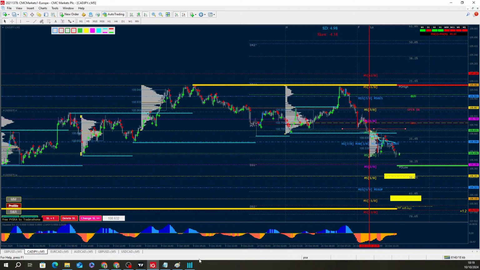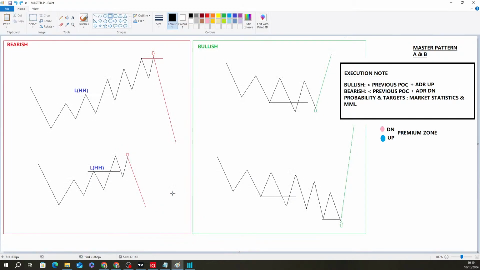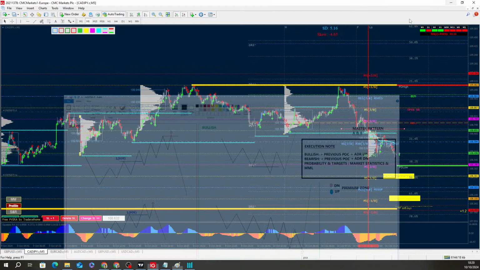The pattern is what we do in terms of price behavior. We look at what price is doing, and based on this pattern, we count the wave 1, 2, 3, 1, 3, 5, 1, 5, 2, 5, 3, then a reversal, 1, 3, 5, reversal.